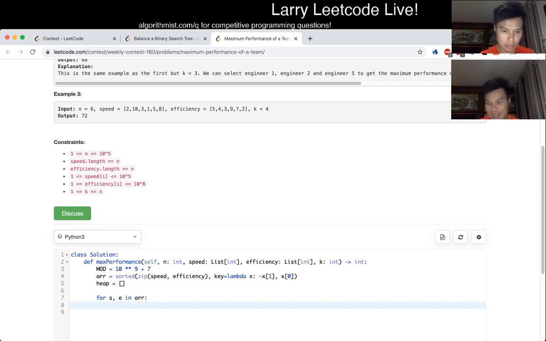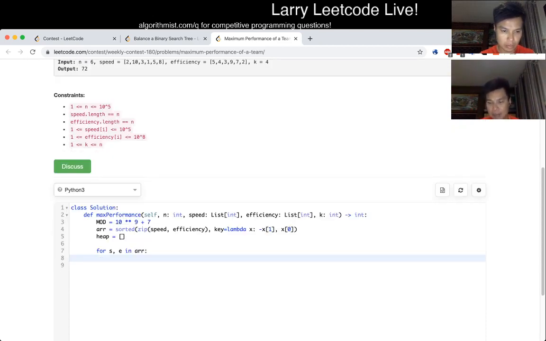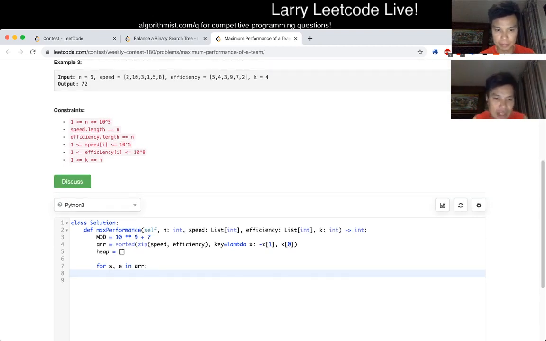For the index after that, all the speeds will have that efficiency plus the new one you add. So that's what I thought about.